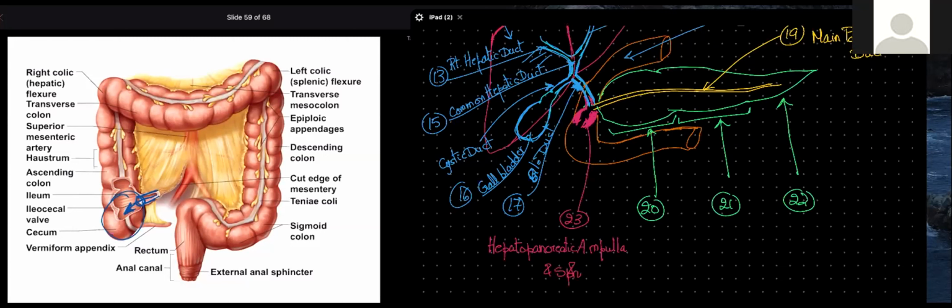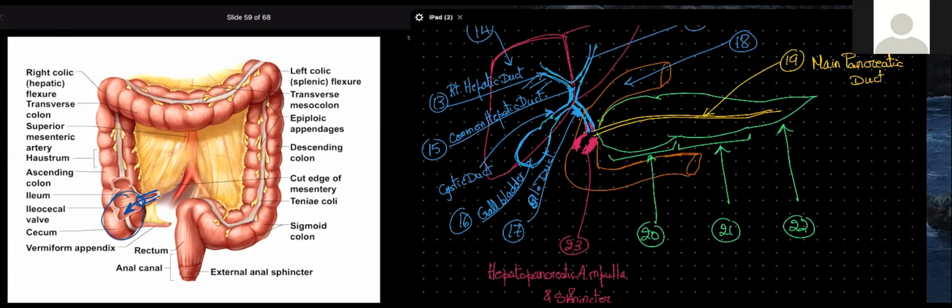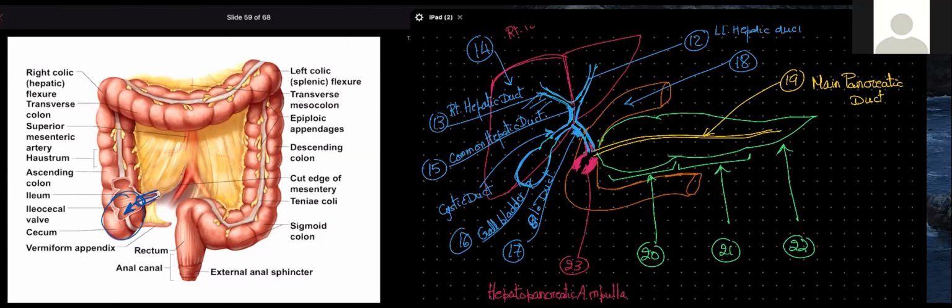So it has a sphincter. So we call this the hepatopancreatic ampulla and its sphincter. Remember, the secretions here from the pancreas and the liver are going to be released to the proximal part of the small intestine. This is going to be my duodenum.